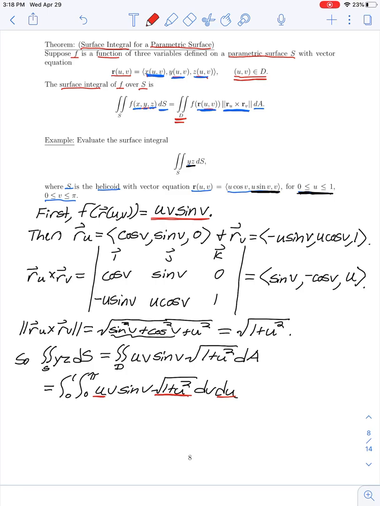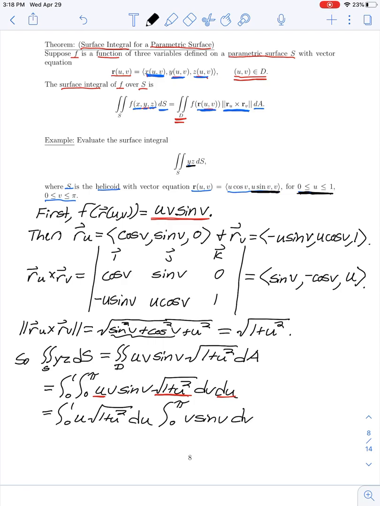If we pull these constant terms out from the inner integral, we are left with the integral from 0 to 1 of u times the square root of 1 plus u squared du times the integral from 0 to pi of v sine of v dv. Then we can find antiderivatives of each of these functions to evaluate the given surface integral.